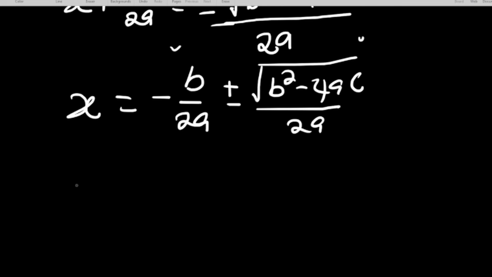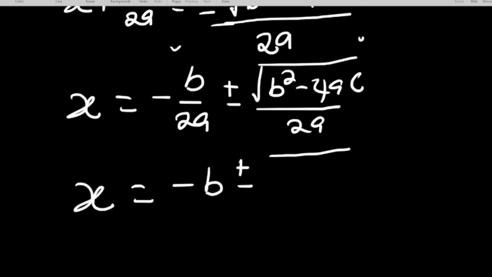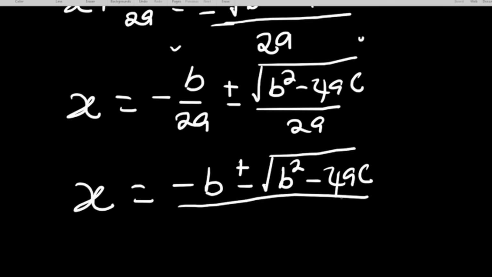So we are now going to have x equals negative b plus or minus the square root of b squared minus 4ac all over 2a. And this is the quadratic formula that we are talking about. This is how to derive it. Now we're done with the first part of the question.